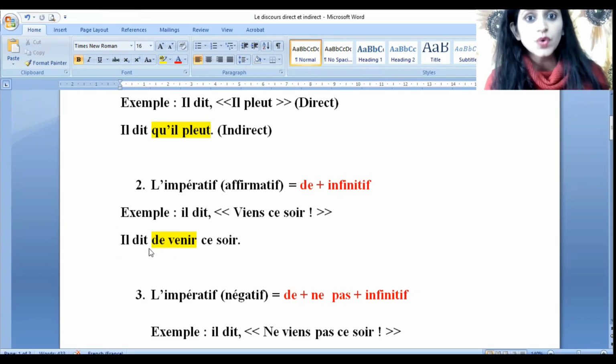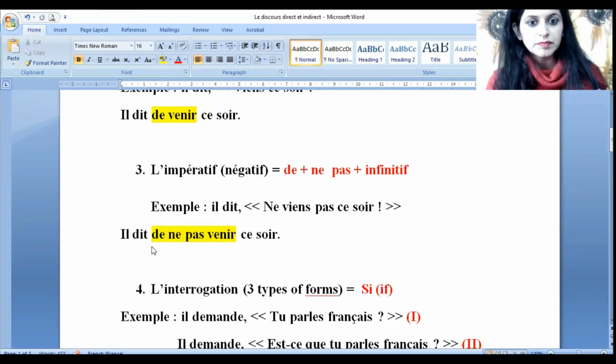Same sentence, we are going to also see it in negative form. What happens in negative? I've taken the same example. Il dit ne vient pas ce soir. Again, the rule remains the same, de plus l'infinitive, but ne pas. Where are you going to write ne pas?